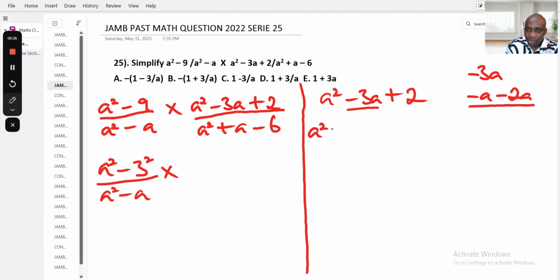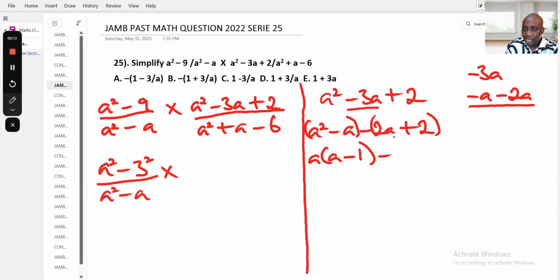Therefore, let's work it out. This one, minus a, isn't it? Minus 2a plus 2. Let's close the brackets to look for the factor. What is the common factor within a raised power 2 minus a? It is a. When you take a out of this, it's going to remain a. This one, it's going to remain 1. Minus, what is the common factor between minus 2a plus 2? That is 2.